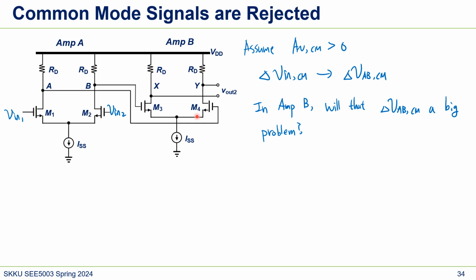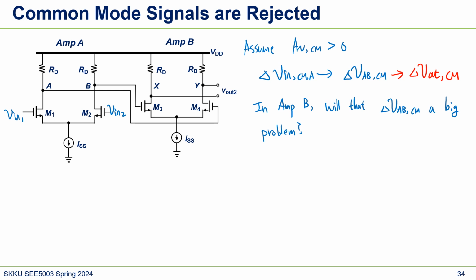usually this common mode gain is not that big. So in this amplifier B, let's say this is common mode A. This amplifier B will cause delta V out CM, right?